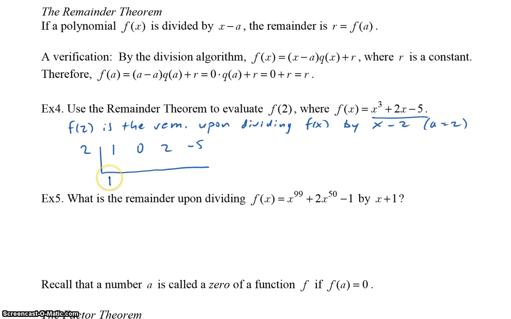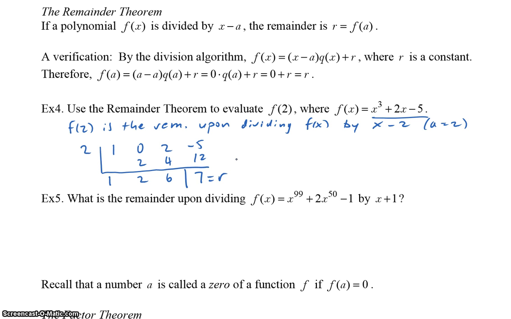Bring the 1 down, multiply to get 2, add to get 2, multiply to get 4, add to get 6, multiply to get 12, add to get 7, and we know 7 is the remainder.